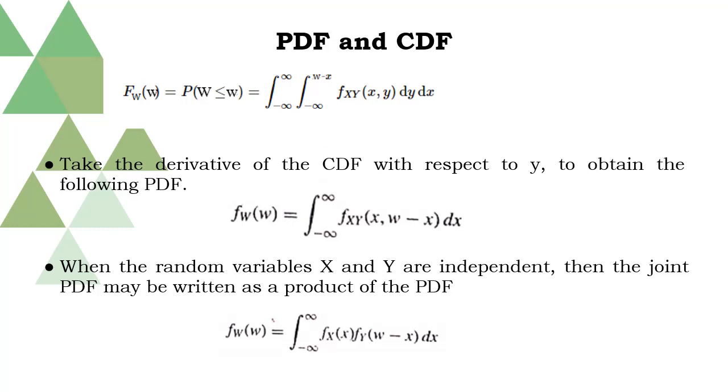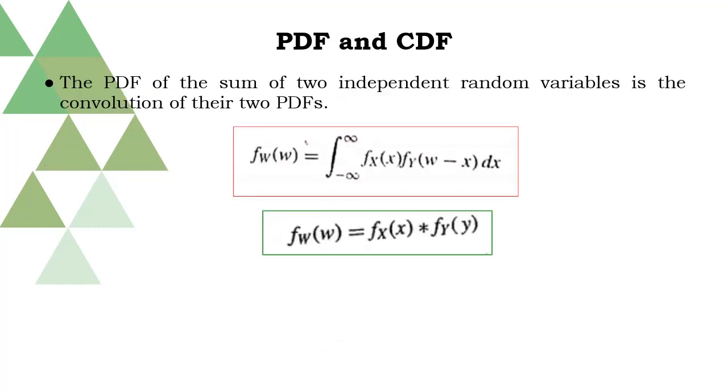Now, if X and Y are independent of each other, then the joint PDF can be written as the product of individual PDFs. Therefore, the equation can be rewritten as f_W(w) is equal to integral from minus infinity to infinity f_X(x) multiplied by f_Y(w minus x) dx.